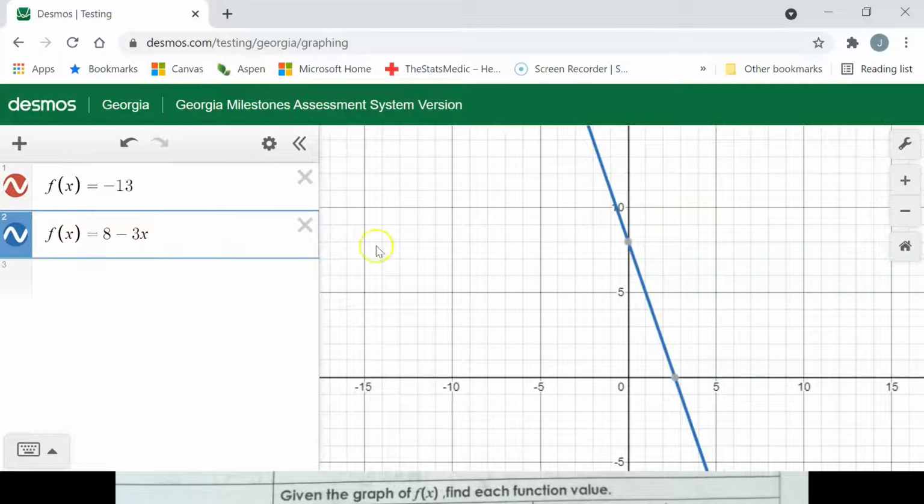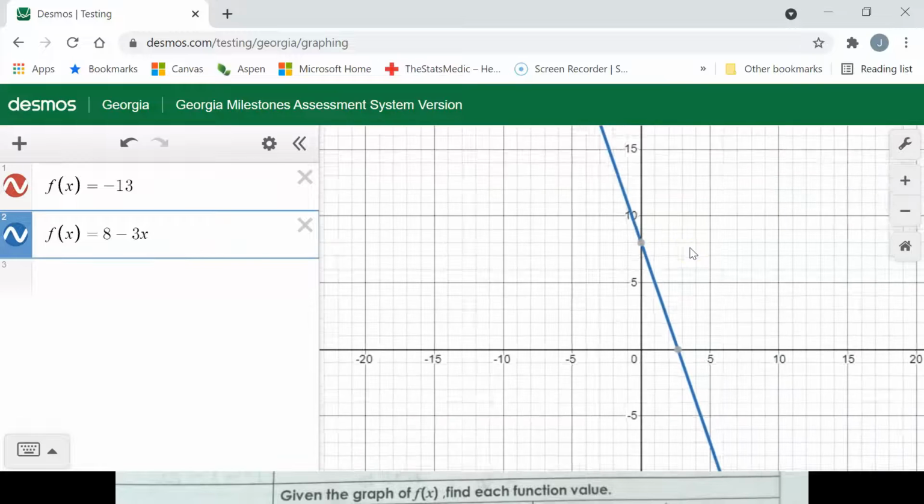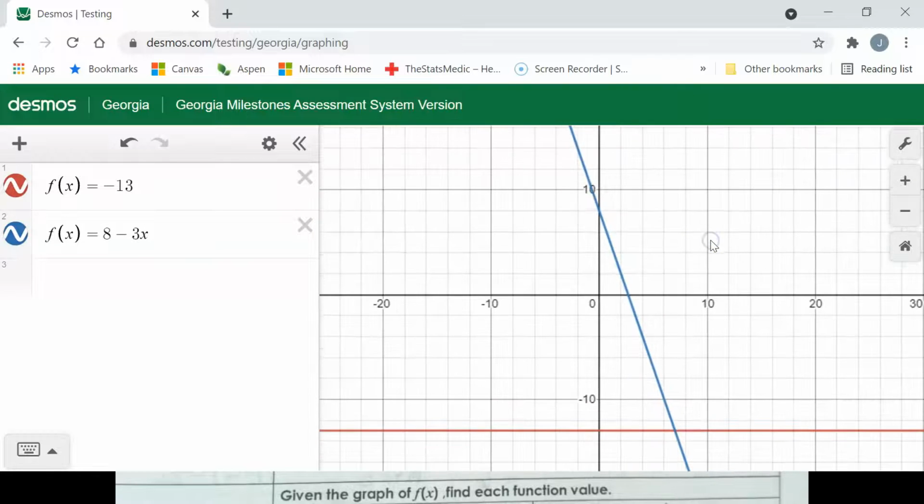It didn't give me an answer, but here's what I want you to do. I want you to scroll out some on your graph. Right here, this is the line y equals negative 13. So really what we're looking for is where they cross. We already know about the negative 13, so what we are looking for is the x value there. And when we look at this point, we see that the x value where they cross is 7.